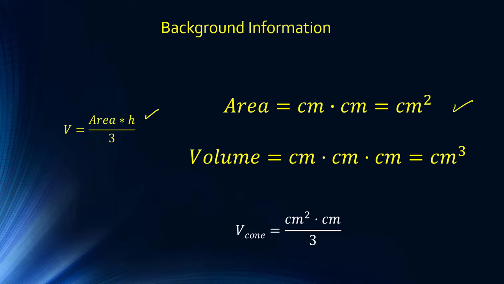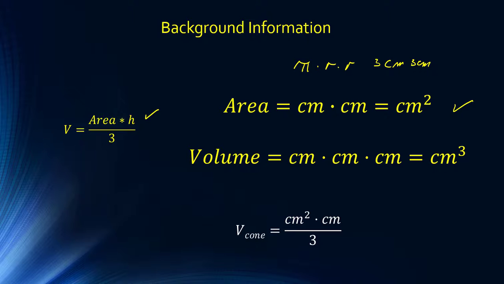You can see that in the area of a circle, that's pi times r, where r will be given in centimeters in this case. So that would be centimeters times centimeters, and whatever the number is in front of the units, and we'd get centimeters squared.